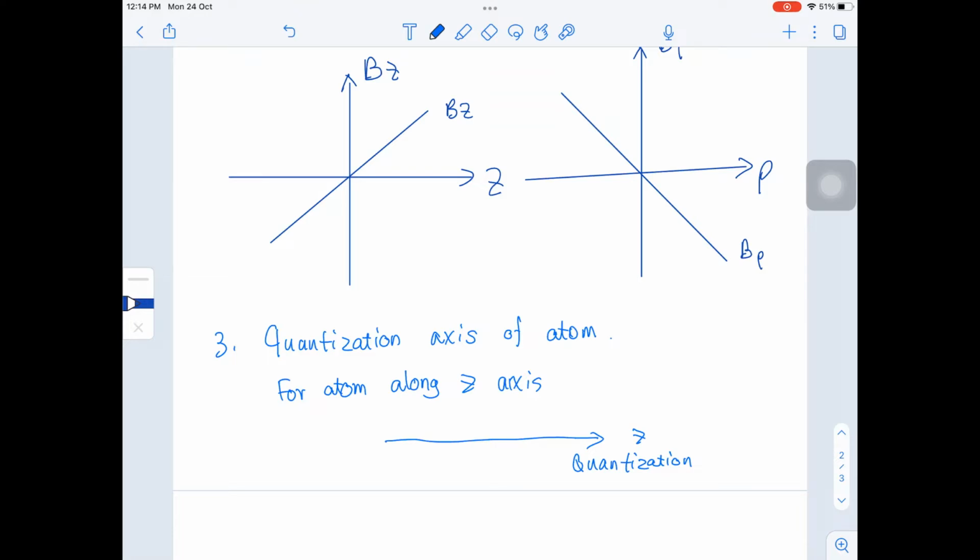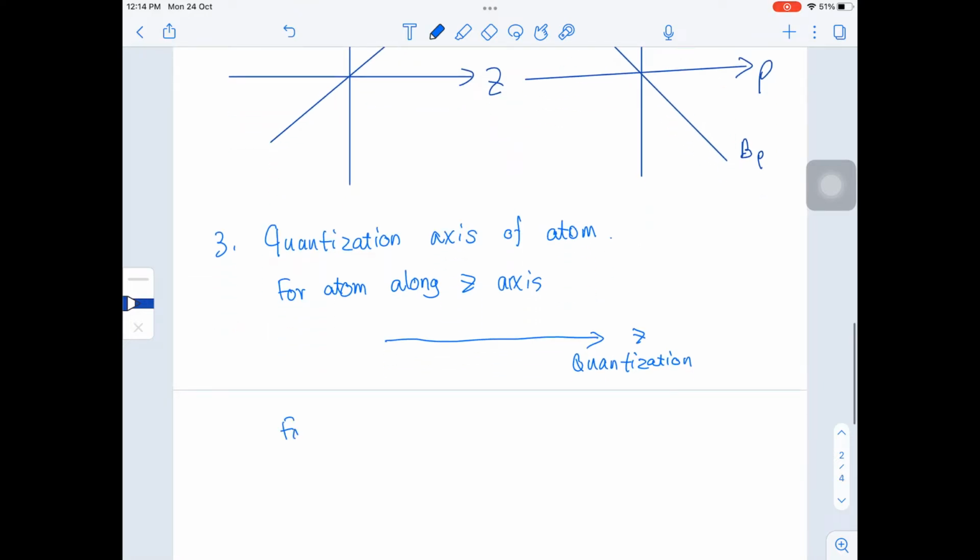And for atoms along rho axis, the quantization axis, let me use another color.